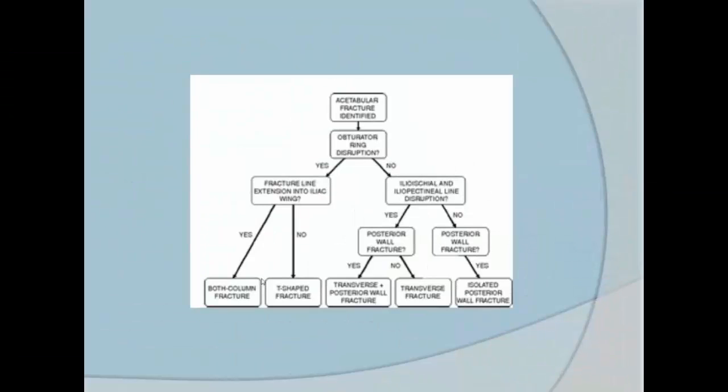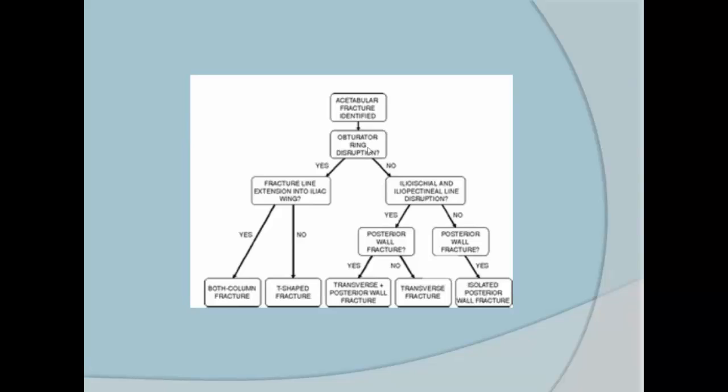So, just a brief algorithm. We find an acetabular fracture if the obturator ring is intact and the fracture line is extending into the iliac wing. If it's involving the wing, it's a both-column fracture. But if it's not involving it, then it's a T-shaped fracture.